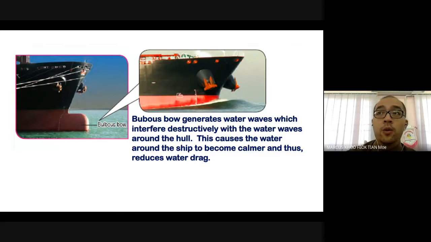Otherwise, if the water waves just keep coming and there's nothing to interfere with them, the boat is going to rock. Although this part looks very ugly on the ship, it's actually very necessary, because the movement of the ship will create a wave that causes destructive interference with the other wave.